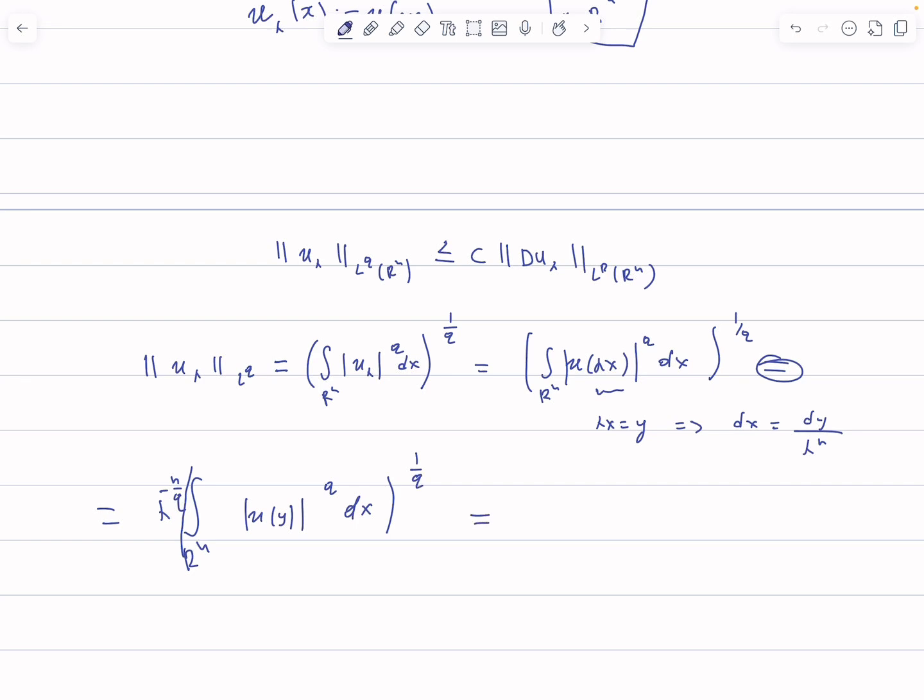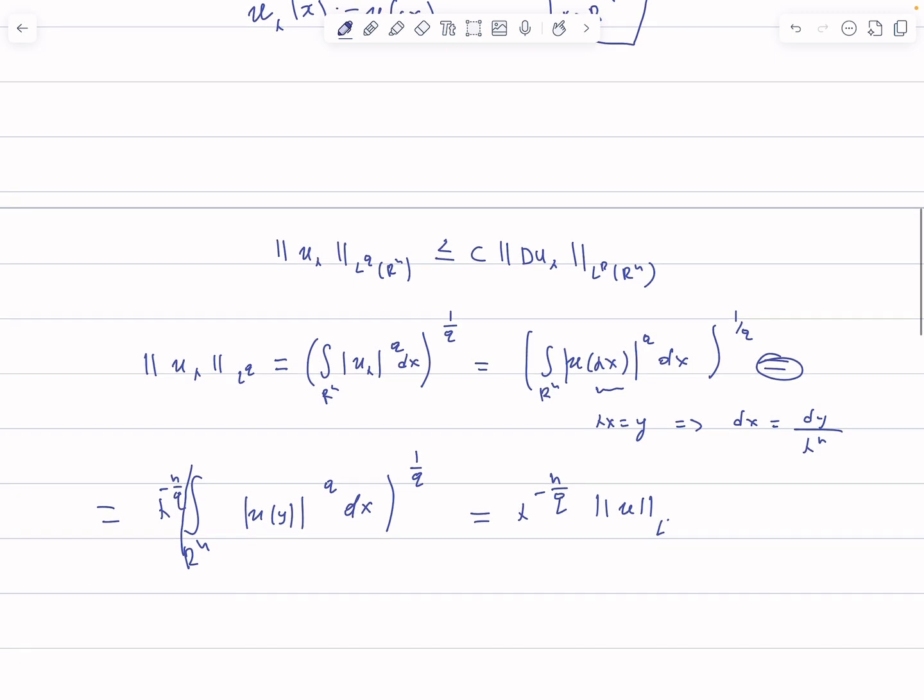So now we have lambda^(-n/q) times the norm of u in L^q(R^n).